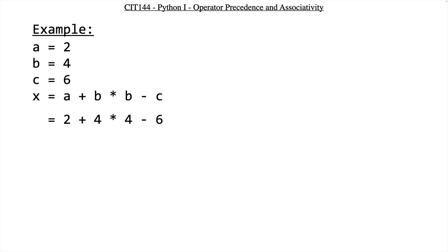If I do that, this expression becomes 2 plus 4 times 4 minus 6. Looking at my table of precedence, what's going to happen first is my multiplication, left to right. I only have one multiplication, so I perform that operation. 4 times 4 is 16.